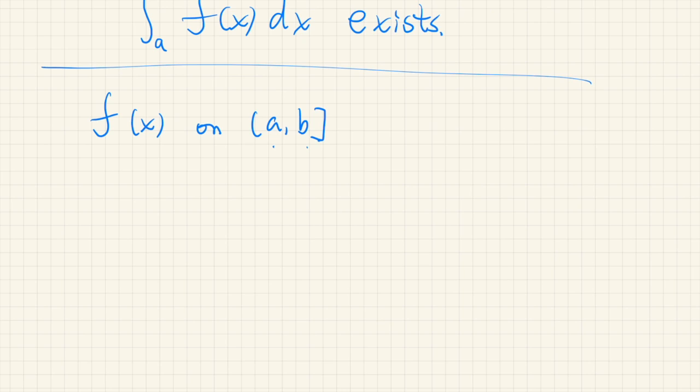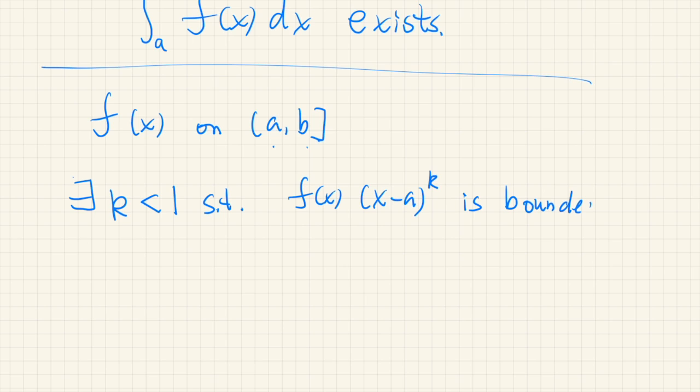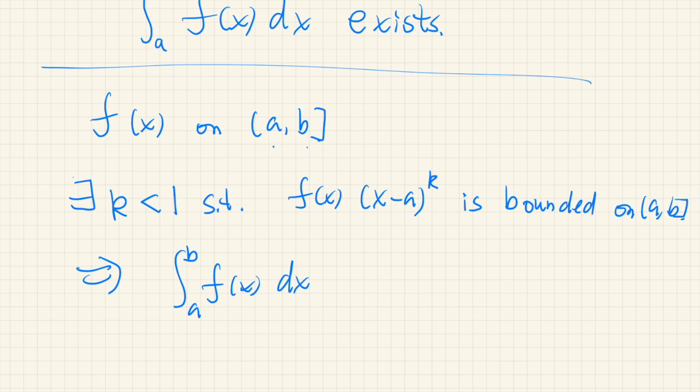Now, if there exists some real number k that is less than 1, such that f of x times x minus a to the power of k is bounded on this interval, then this integral of f of x from a to b converges. So this exists. How is that?